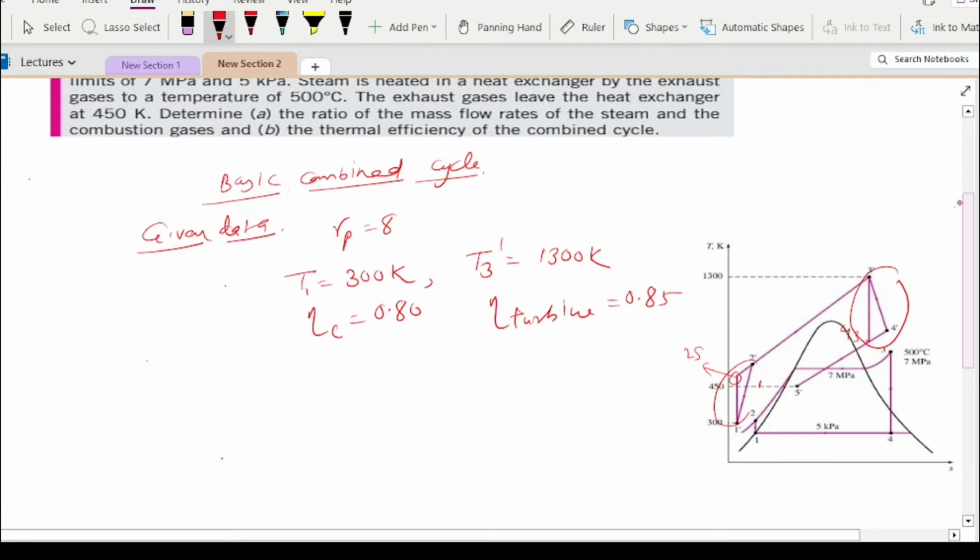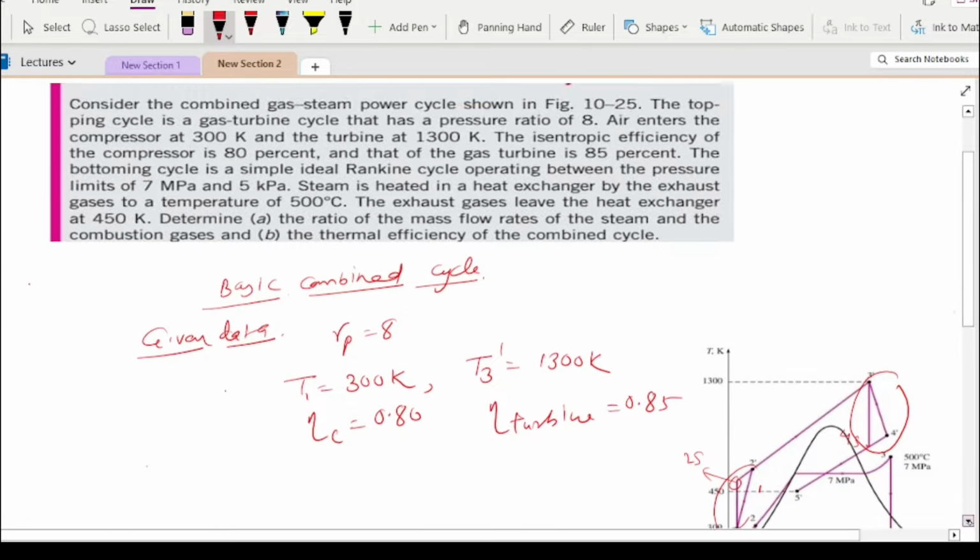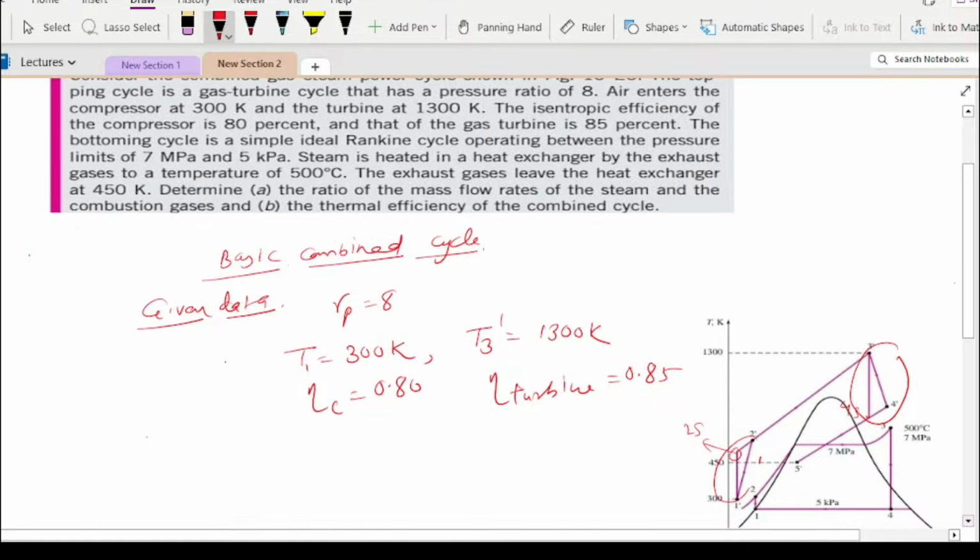Further, the gas turbine exhausts leave the heat exchanger, that is T5 dash, at 450 Kelvin.